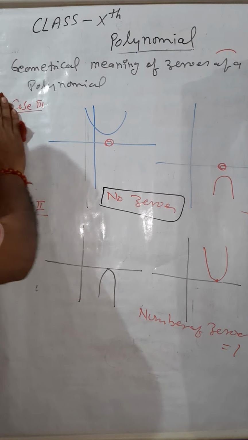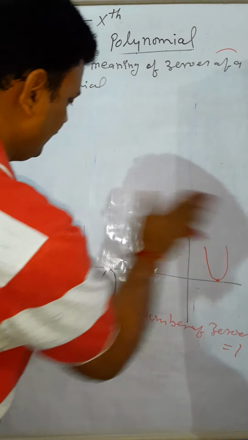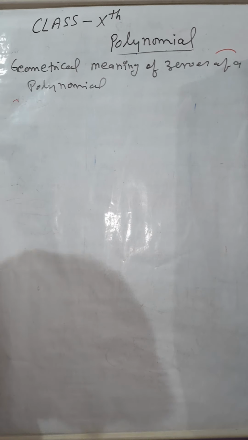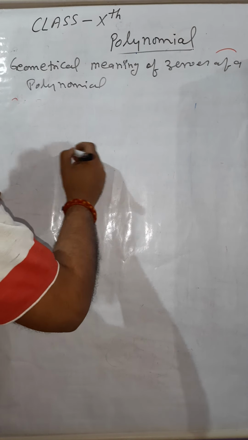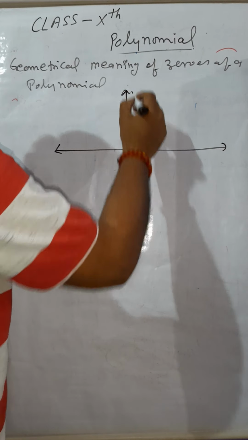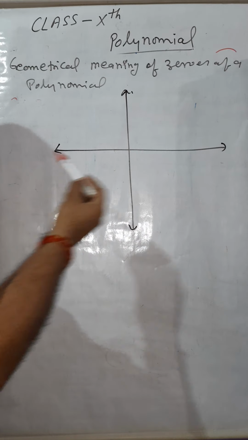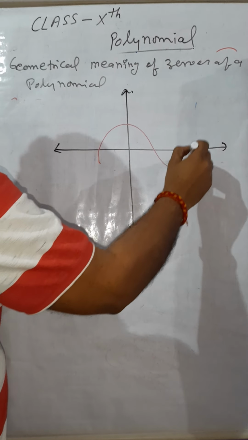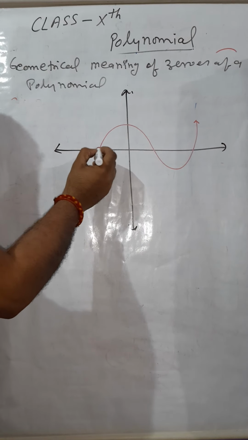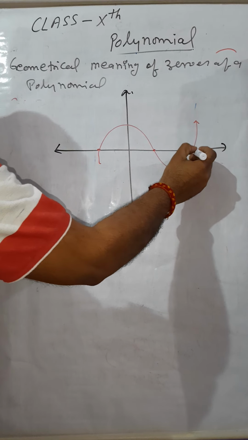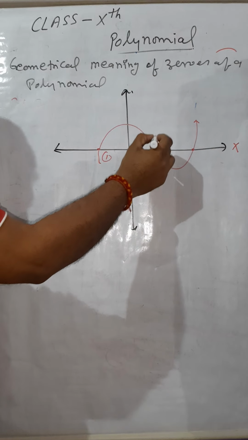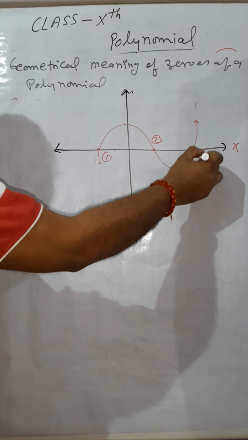Similarly, if a graph is like this, this is the x-axis and y-axis, and this is, suppose, the graph. So it intersects the x-axis at 3 points. This is 1, this is 2, and this is 3.